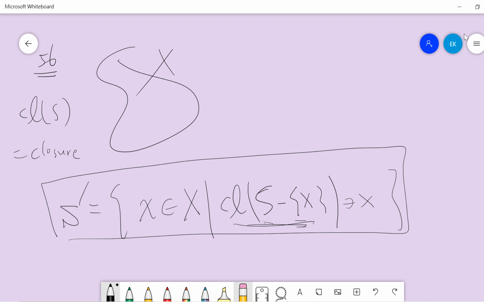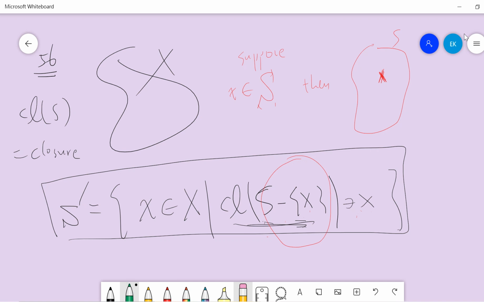It's weird, so maybe you don't understand what it means. Basically, suppose x belongs to the large S. Once you kill this x in S, the x disappears, but the closure of the rest can still contain x.